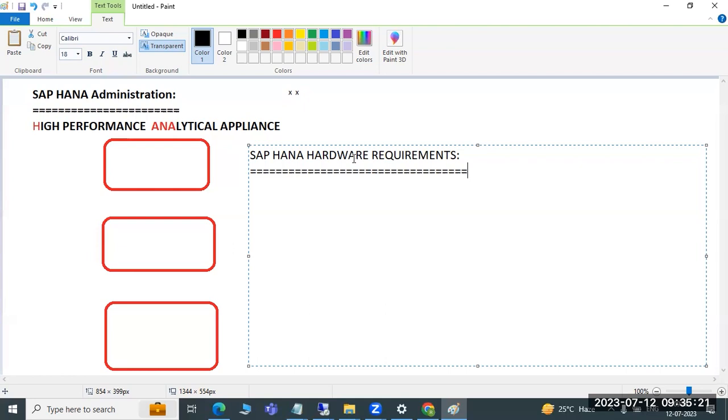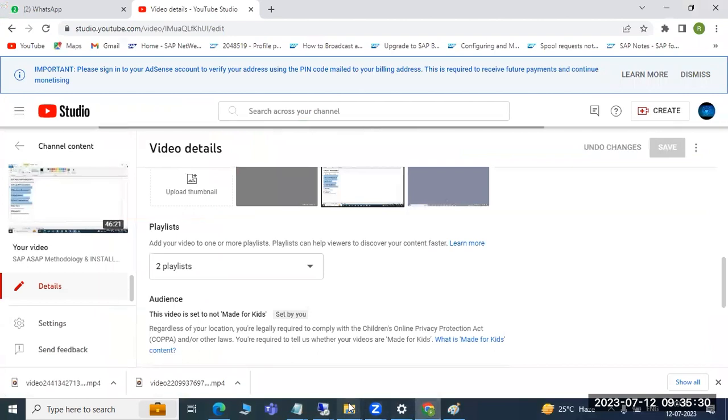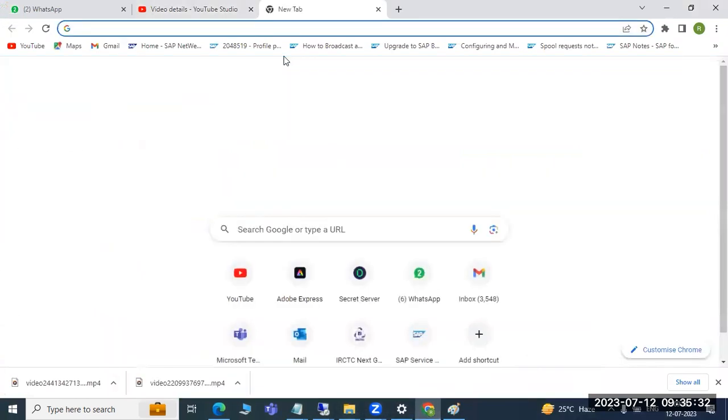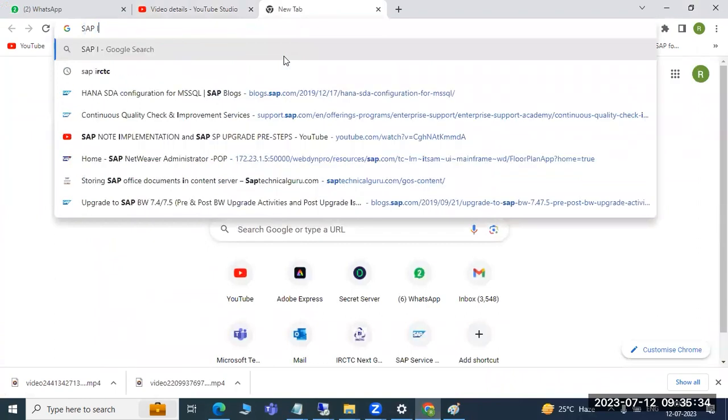They are also using the HANA database. Just as one example, did anyone use the IRCTC website 10 years back or 5 years back?